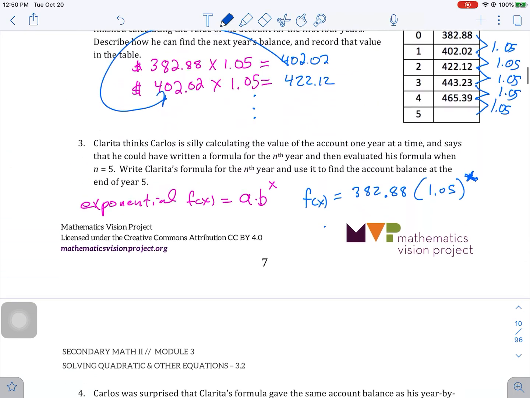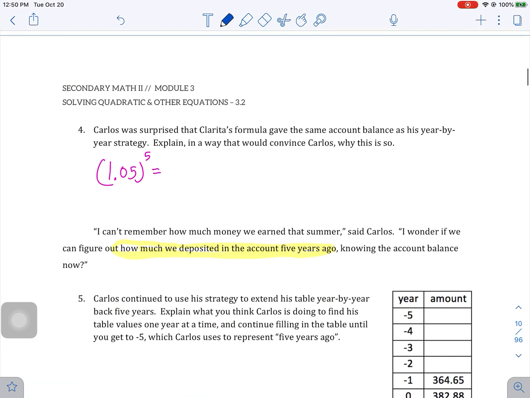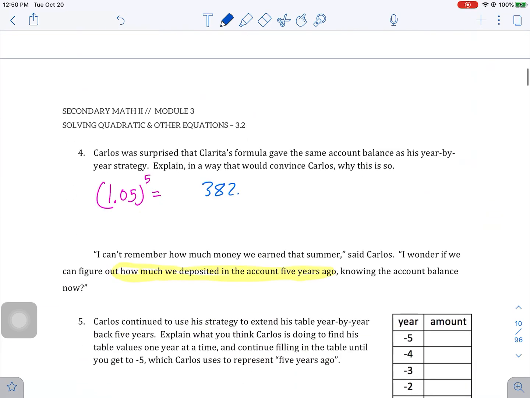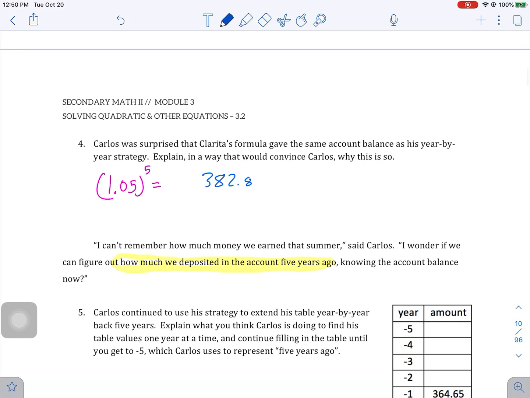So the reason is you have your starting point, 382.88. And first you multiply by 1.05. Then you get a product, and you multiply that by 1.05. And you get a product, and you multiply that by 1.05.